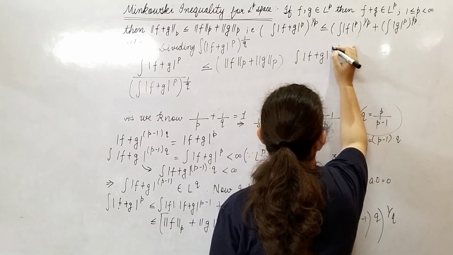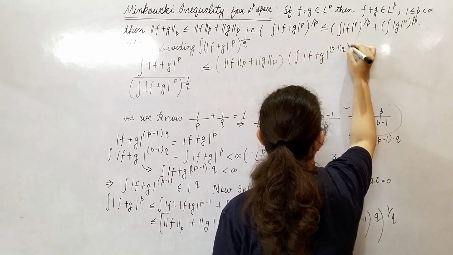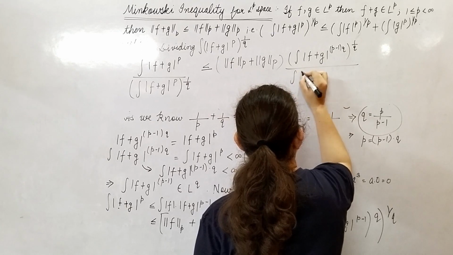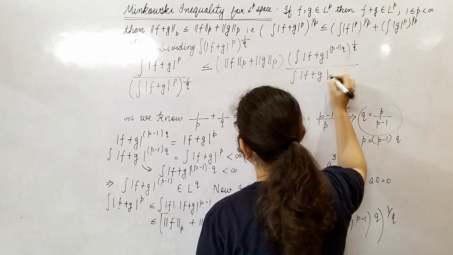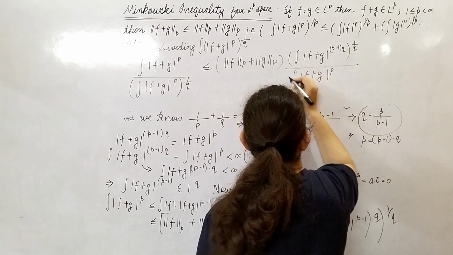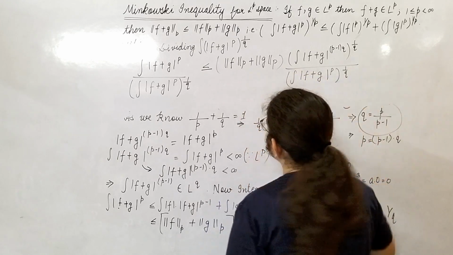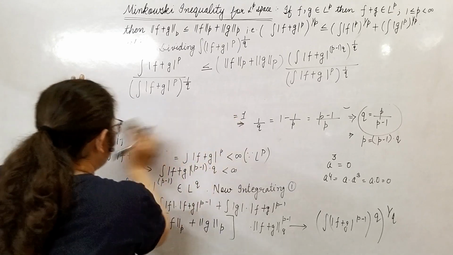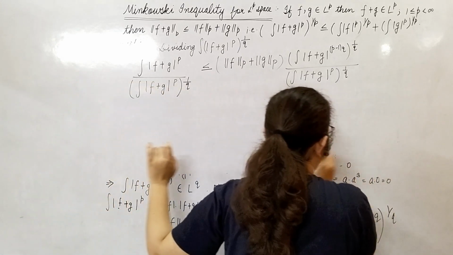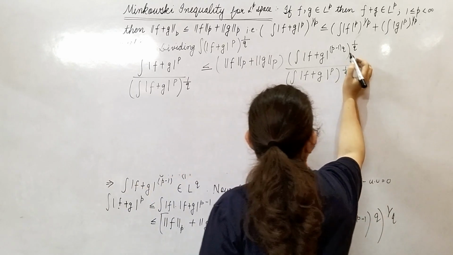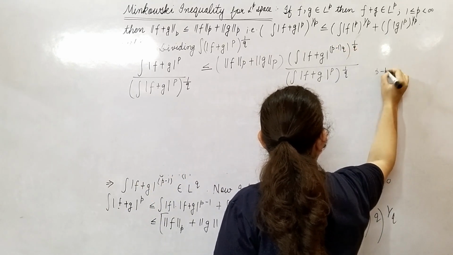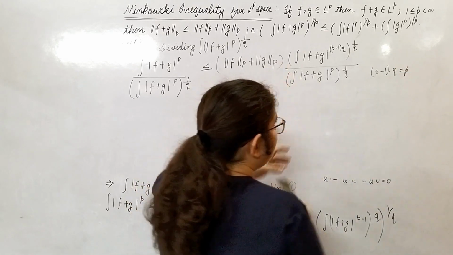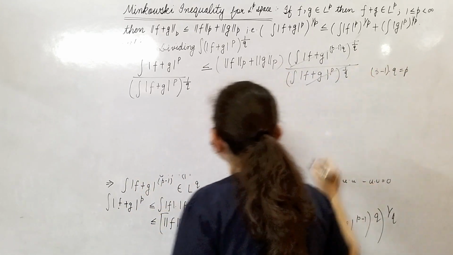Into (p minus 1) into q raised to the power 1 by q, and divide by (f plus g) raised to the power p whole raised to the power 1 by q. Now, after dividing this, we will get this equation. Now, from here, what can we do? See, this is equal to (p minus 1) into q equals p. So here both numerator and denominator are the same, that's why I can cancel these.